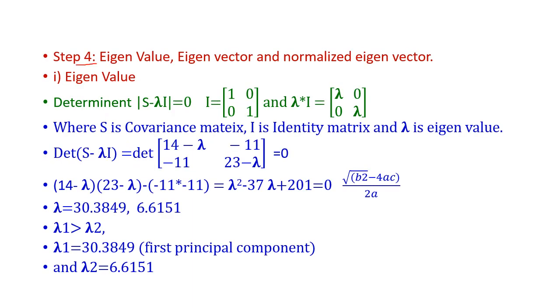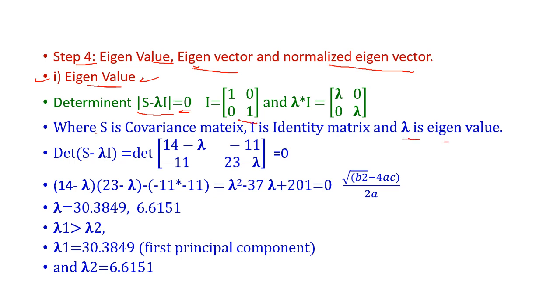And the fourth step, we need to find the eigenvalue, eigenvector, and normalized eigenvector. First, let us find the eigenvalue. Eigenvalue is determinant of S minus lambda I, which is equal to 0. And I is identity matrix, we know that, and lambda is eigenvalue.